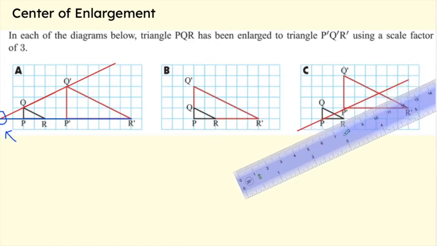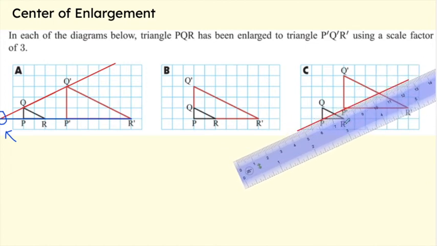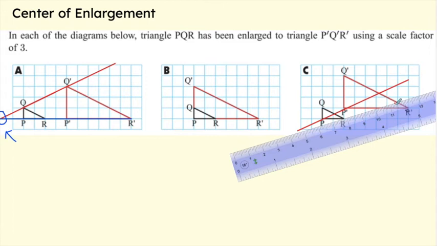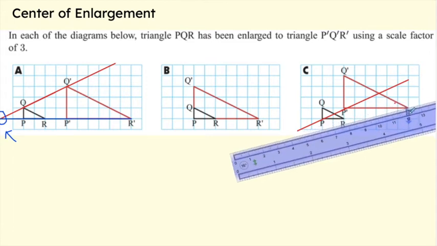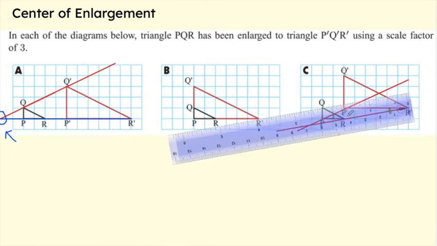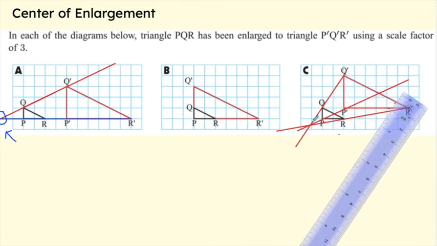Then let's do, I guess I did Q, red for Q on this one, doesn't matter. Okay, let's do R. So line up one, line up the other. Okay, line it up. Cross. And let's do Q. Okay, and our center of enlargement is where they all cross at that point right there.